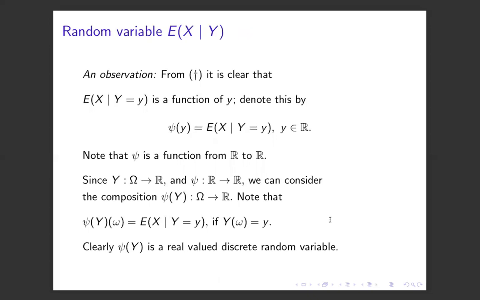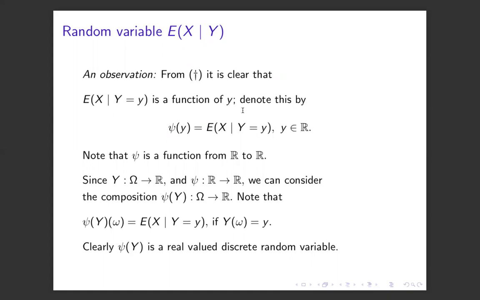Now we begin with an observation. From that single dagger, note that this conditional expectation of x given Y equal to little y is a function of little y.